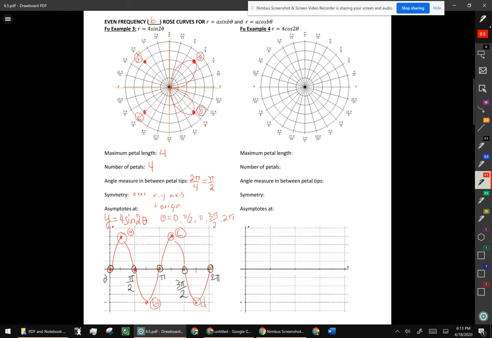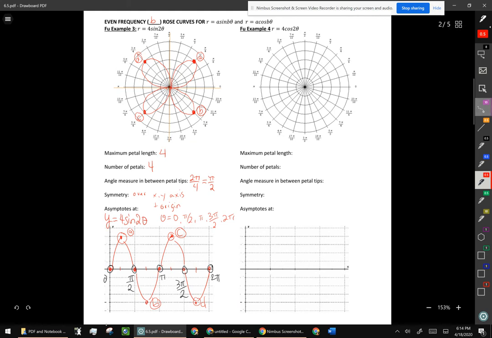Then now I'm in quadrant 3 where I have a positive radius. So again, I'm going to go out and then back to the pole. And then quadrant 4 is negative. And so instead of drawing quadrant 4, it goes to quadrant 2. Out to the maximum value and then back to the pole.